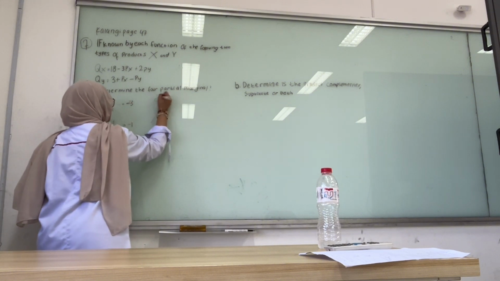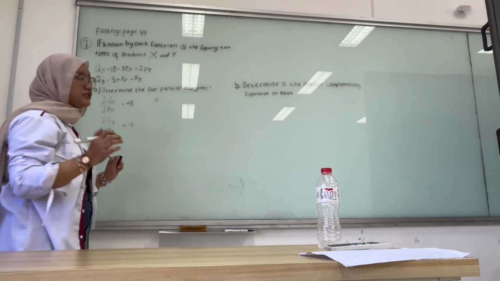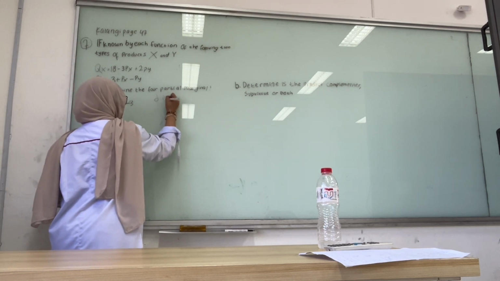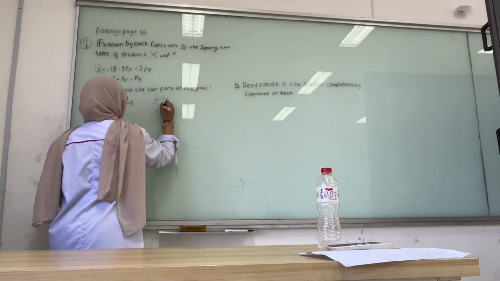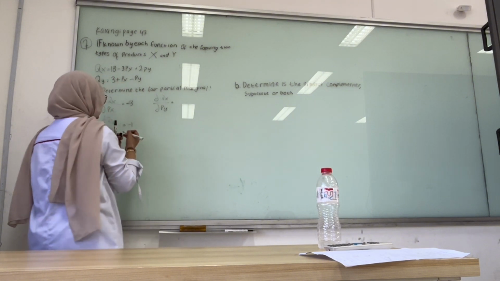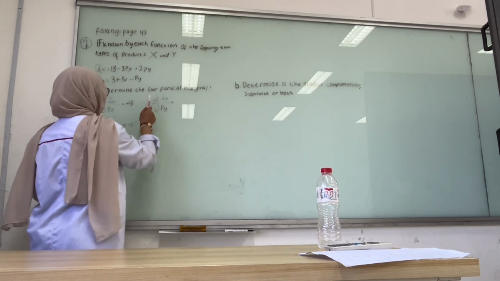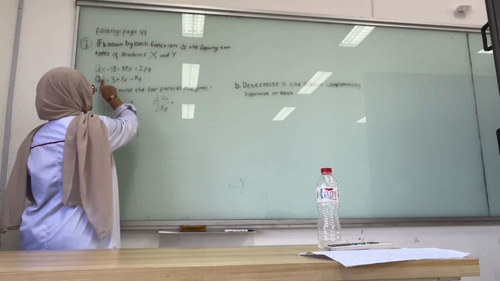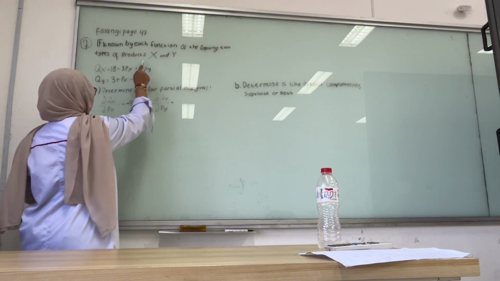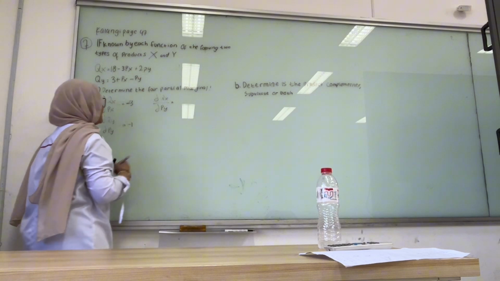The next one is we need to find the cross-partial derivative. It's dou qx over dou py. So how to do it? For the dou qx, we need to find the derivative with respect to py. So here it's plus 2.